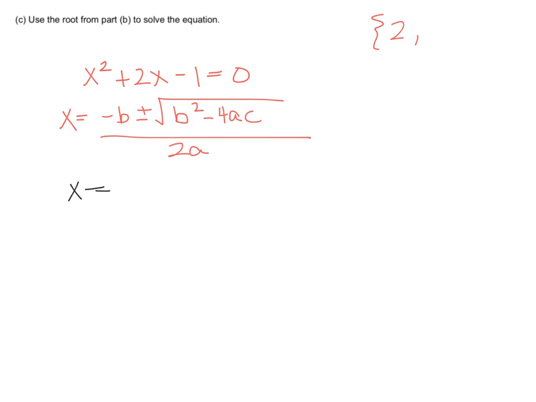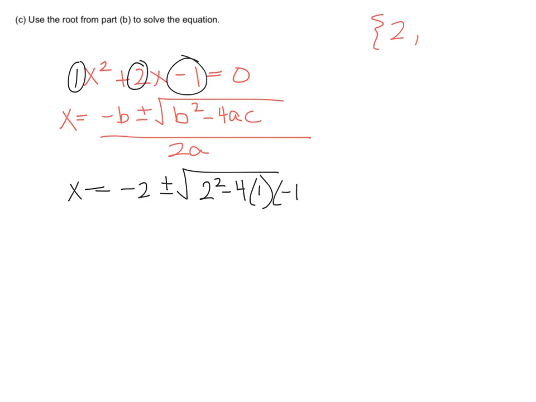So we have a negative b, so that will be a negative 2 plus or minus the square root of 2 squared minus 4 times a, which is 1, times c, which is the negative 1, divided by 2 times 1. And we can go ahead and simplify this.